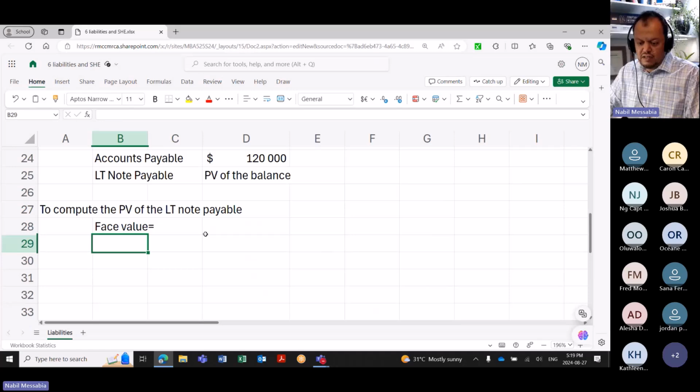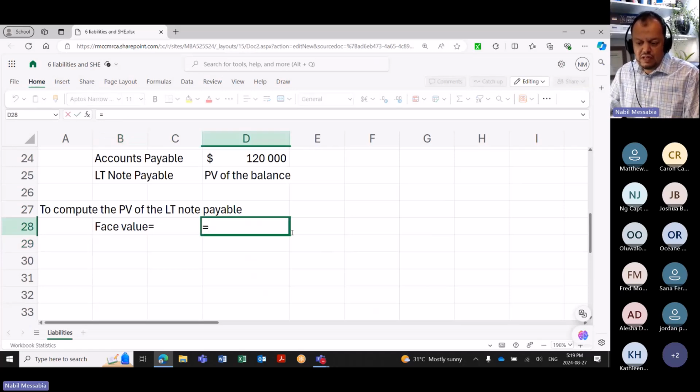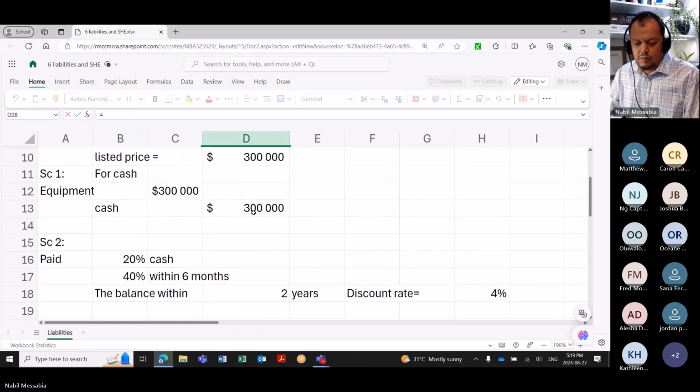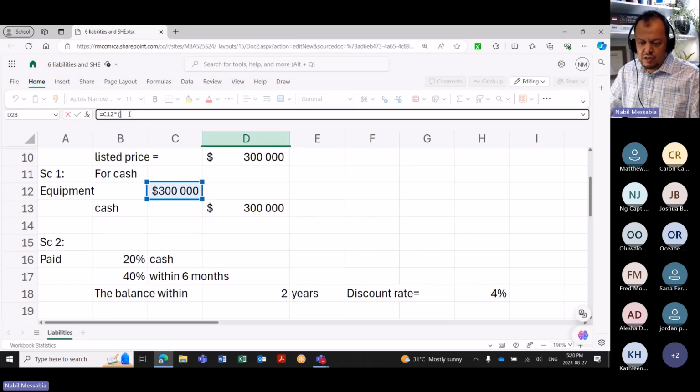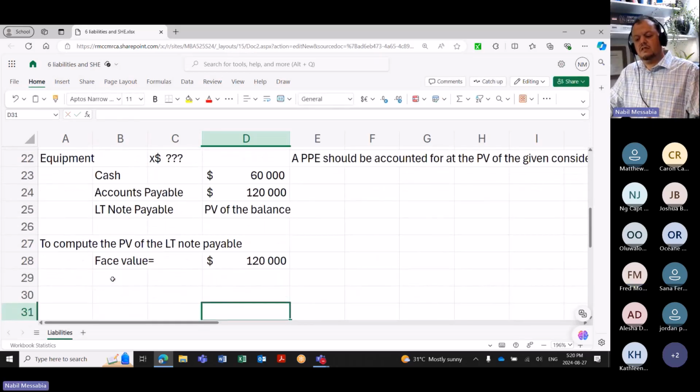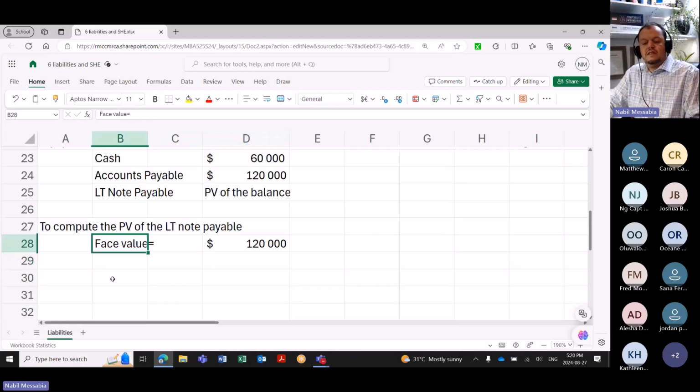To compute the present value of the note payable, what we need is the face value. That is $300,000 multiplied by, do not hesitate to interrupt me if you need more explanation, 1 minus the 20% cash and minus the 40% short term. So that is $120,000. This is the face value.